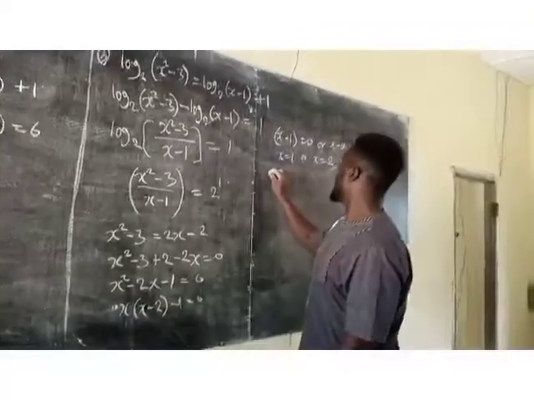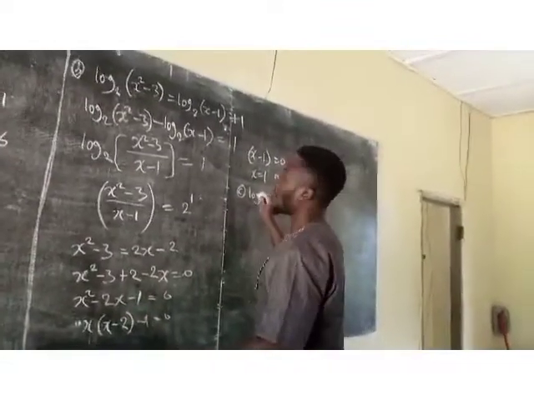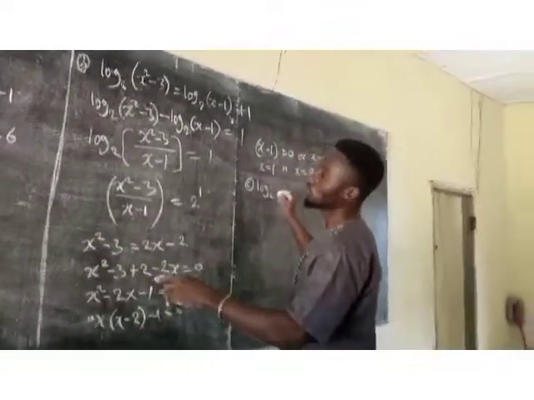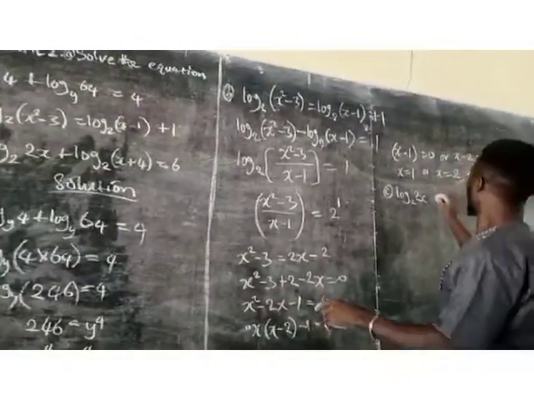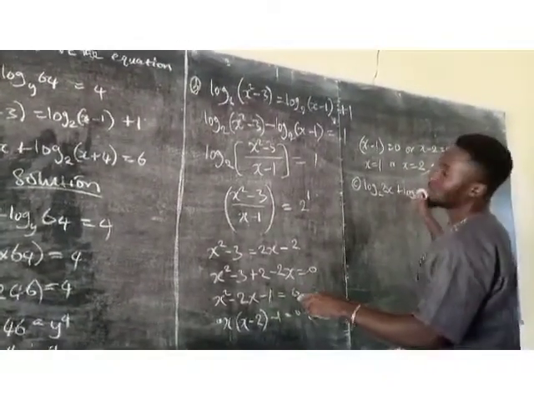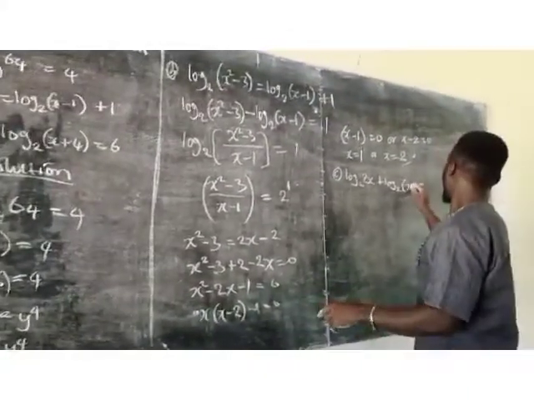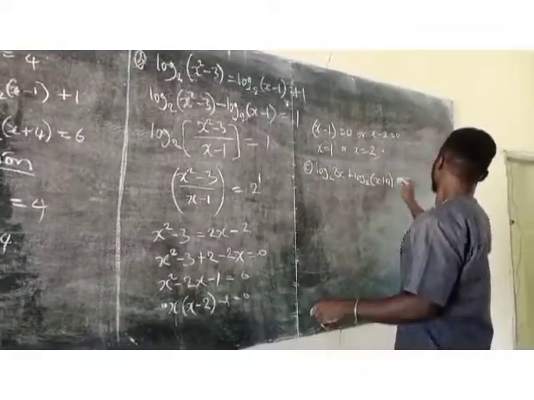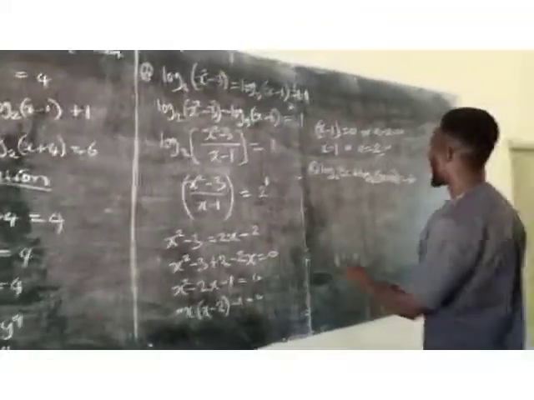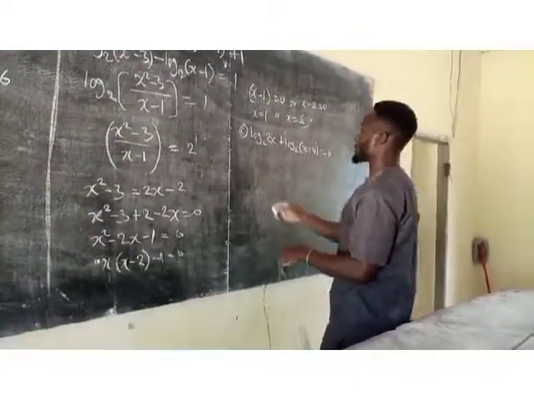C, we have log 2 2x plus log 2 2x plus 4 is equal to 6. And here, this is addition, so we are going to multiply it.